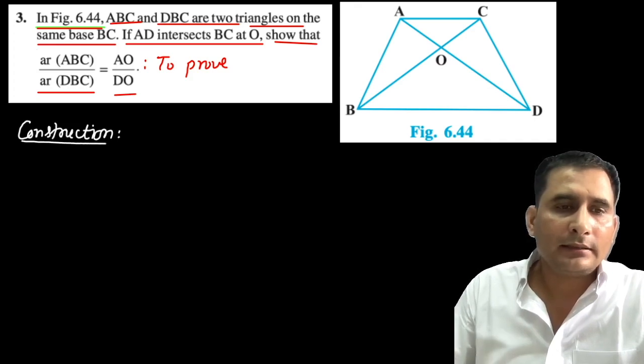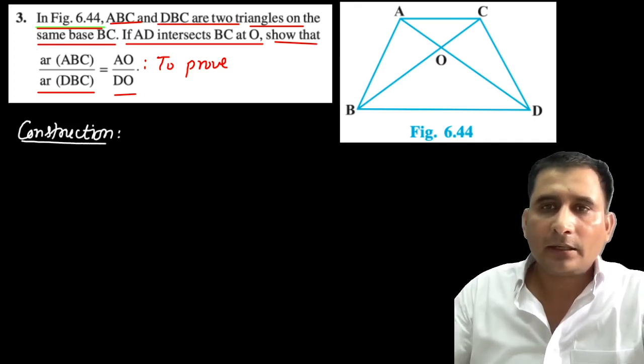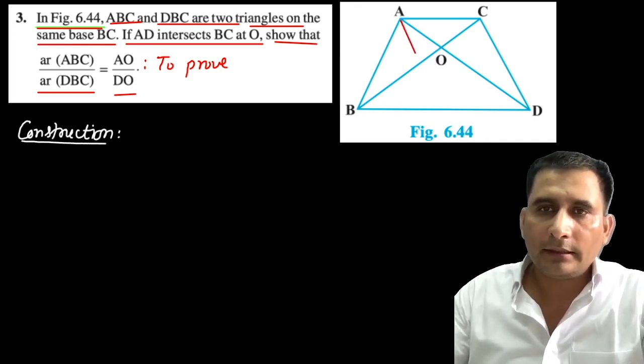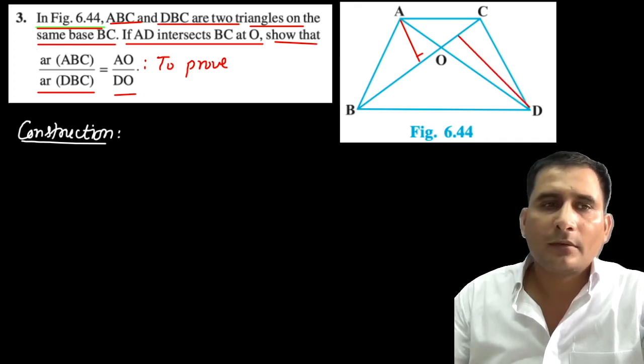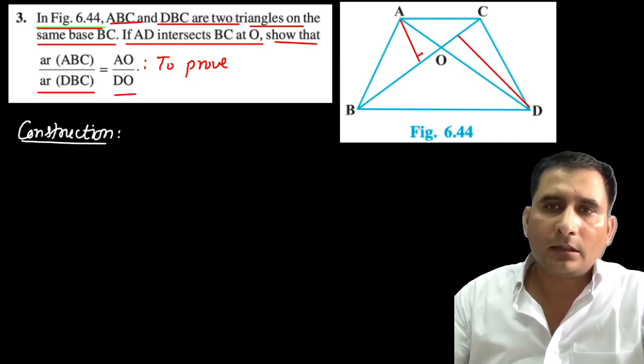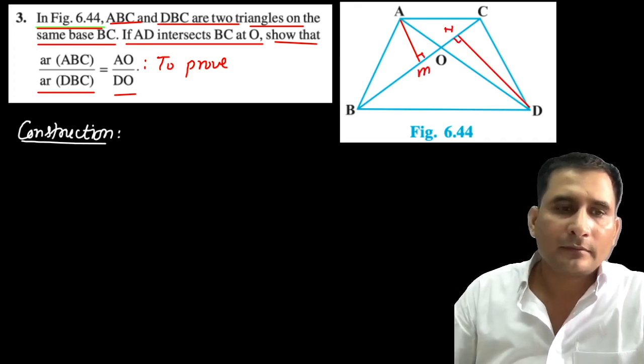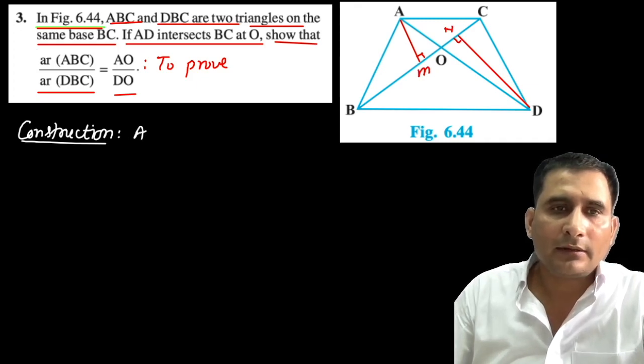So the construction is, we draw a perpendicular from A on this side, and from the point D draw another perpendicular on BC. So we have drawn two perpendiculars on BC, one from D and one from A. Let's suppose this is M and this is N. So the construction I have done is AM perpendicular to BC and DN perpendicular to BC.